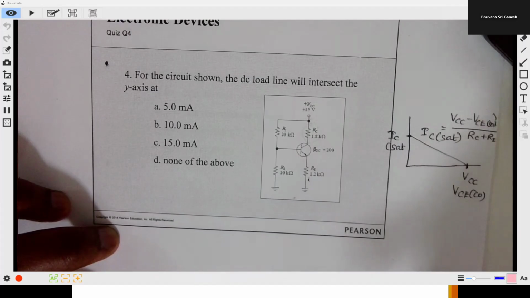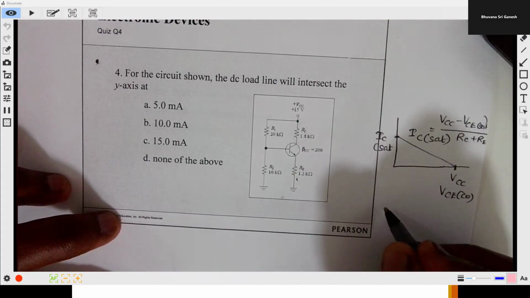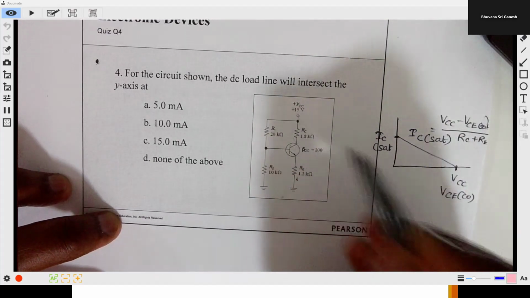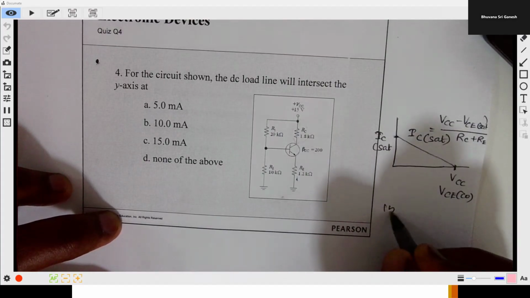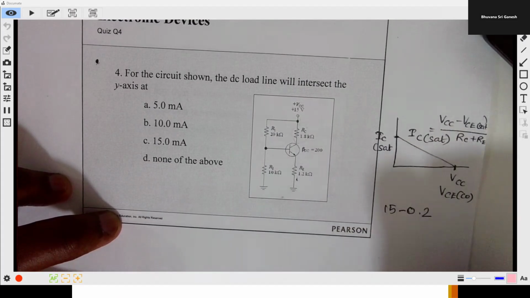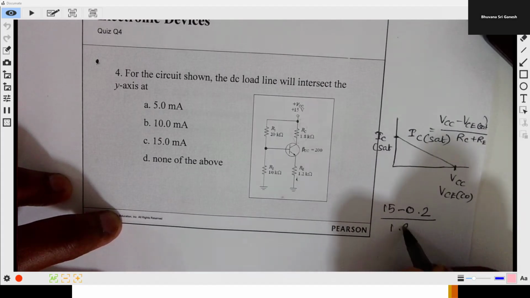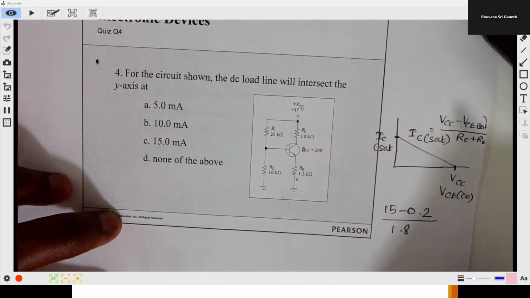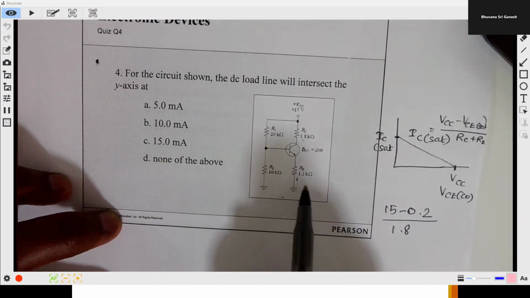Now let us put the numbers in the formula. VCC is 15 volts. So 15 minus 0.2, since VCE saturation is always approximated to 0.2, divided by the value of RC, which is 1.8 kilo ohm, and RE, which is 1.2 kilo ohm.